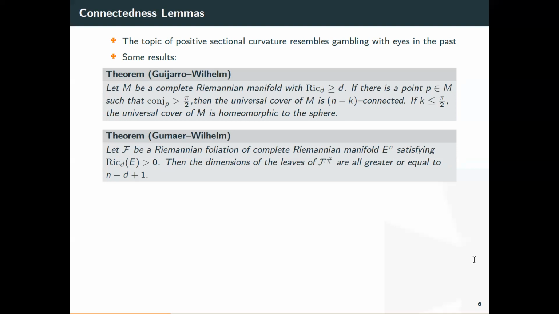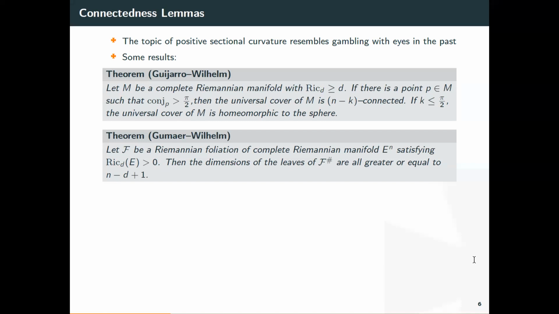If you have a Riemannian foliation that's regular, I'm not saying singular, so it's just a Riemannian foliation, it means that every leaf has the same dimension. And we look at geodesics that are orthogonal to the leaves of this foliation. You have these horizontal geodesics, and the leaves of the dual foliation can roughly be thought of as the collections of points that can be joined by horizontal geodesics, geodesics that are orthogonal to the leaves of your foliation.